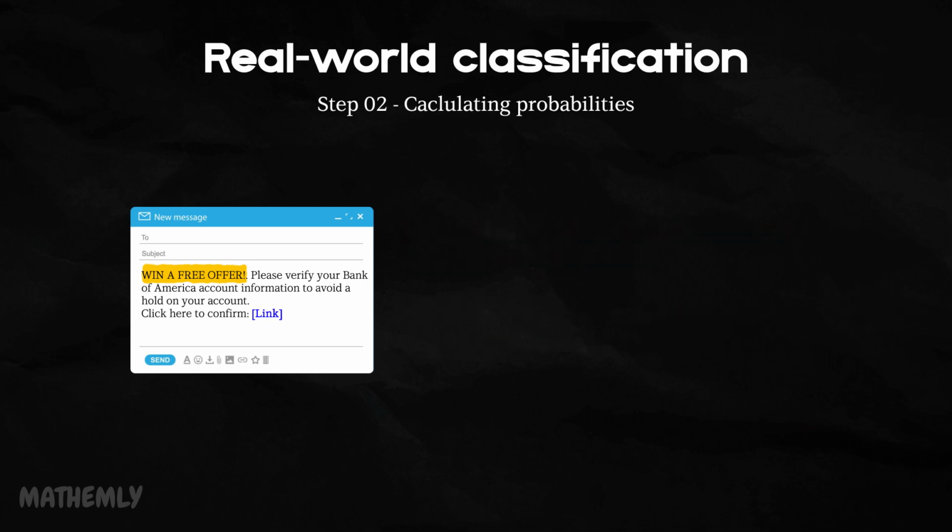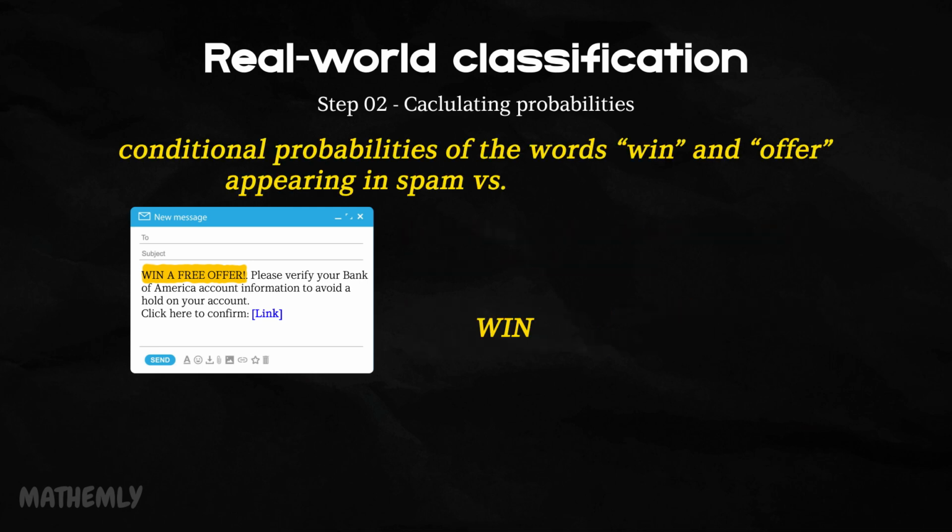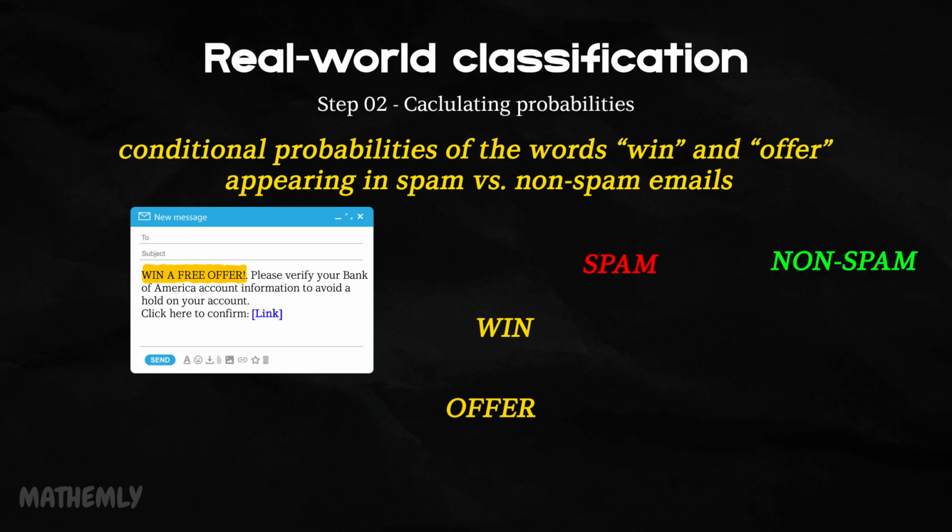Then let's calculate the conditional probabilities of the words "win" and "offer" appearing in spam versus non-spam emails. The probability of "win" appearing in spam is the probability of win given spam, that is 80 over 200 or 0.40. The probability of "win" appearing in non-spam is the probability of win given not spam, that is 5 over 800 or 0.00625.